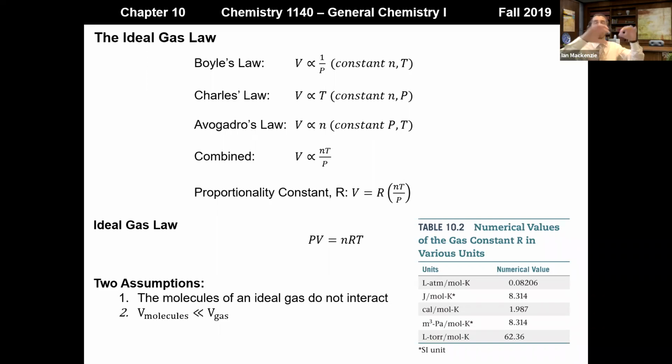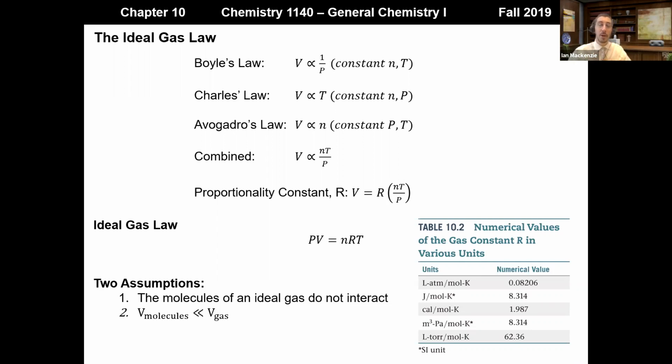And then second, that the volume that's occupied by the actual molecules of the gas is much, much smaller than the volume occupied by the total gas. So that is what we mentioned earlier, where normally gases occupy a tiny fraction, maybe 0.1% of the total volume that they occupy. The volume occupied by the molecules is a tiny fraction of the volume that the gas as a whole occupies.